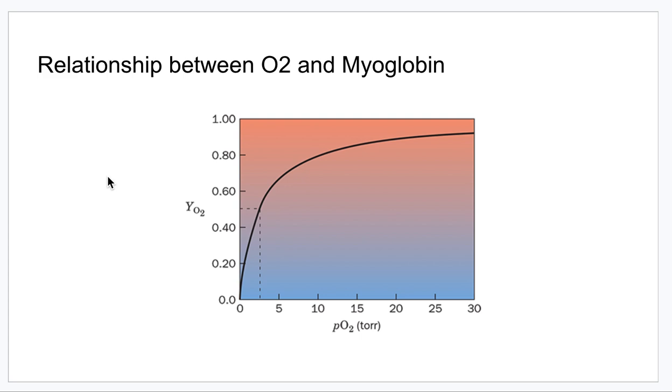As your oxygen increases, so as the PO2 increases, the overall oxygen in the body, the more oxygen binds to myoglobin. So as you can see, as oxygen goes up, your myoglobin increases and becomes saturated.